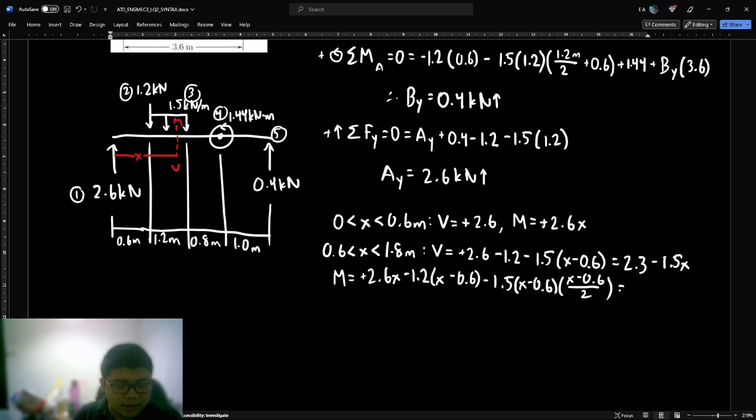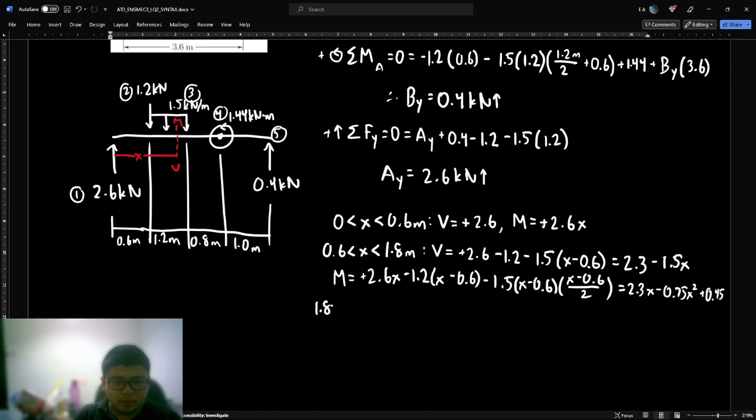So simplifying, we would actually get 2.3x minus 0.75x squared plus 0.45. This is actually correct because if we take its derivative, we would get the shear equation, which is what we wanted.